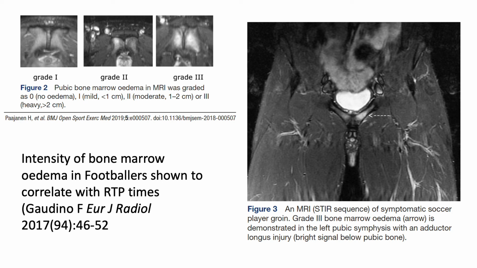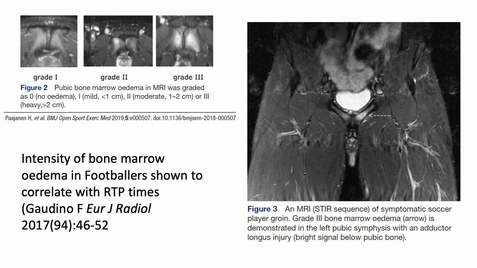Bone marrow intensity in terms of uptake on STIR sequences can be seen quite easily there in terms of its grading. And there is certainly some evidence that bone marrow edema intensity seen on an MRI correlates with return to play times.